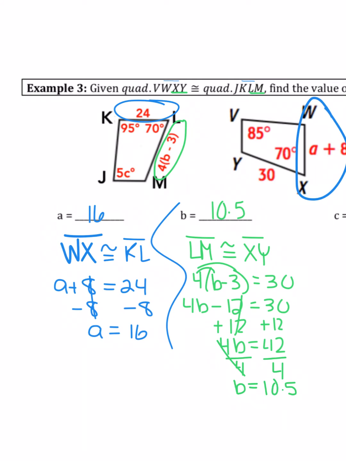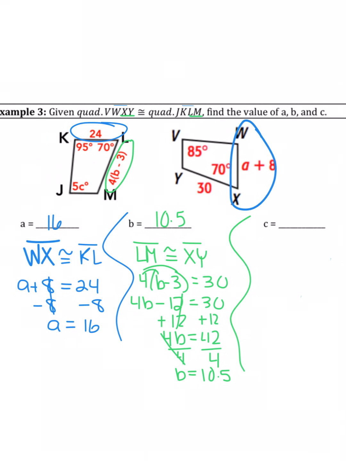All right, next, we're going to look for little c. So when I look in my figure, I see little c is actually at an angle. There's a couple hints for that. First of all, I see that it's an interior marking. It's inside the figure. And I can see that it has a degree measure. So it's at angle J. So now I go back up to my statement and I see that angle J is first, which means it matches with angle V. So angle V was over here, 85.